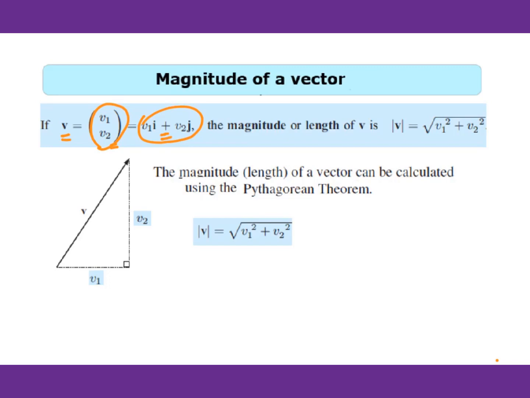Basically, you need to think about the Pythagorean theorem, so it's easy to remember this formula. You have one leg, that's v1. The other leg is v2. So the hypotenuse equals the square root of v1 squared plus v2 squared.